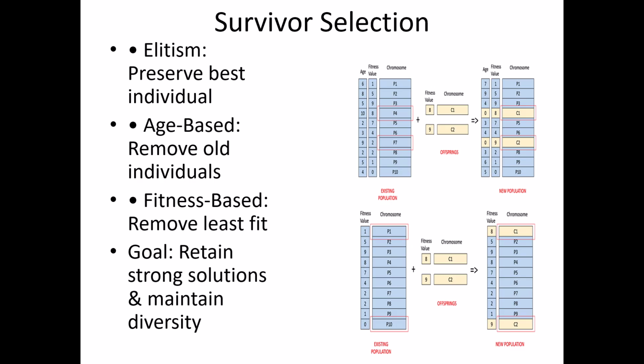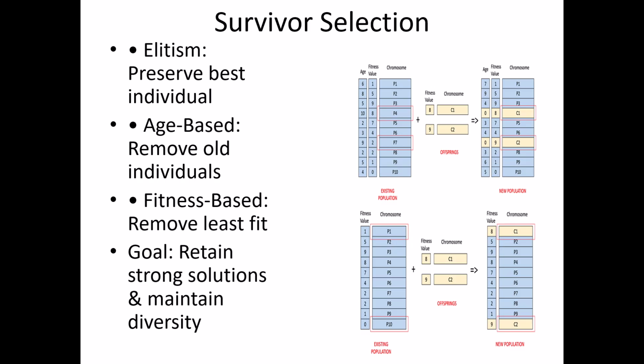So this is survivor selection. From these things, we can choose the best solution. Sometimes that solution is not suitable for our particular problem, right? So this section is very important. First one is elitism. Elitism is nothing but preserving the best individual.